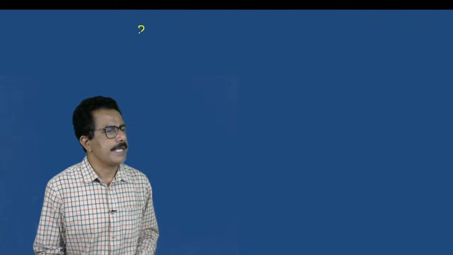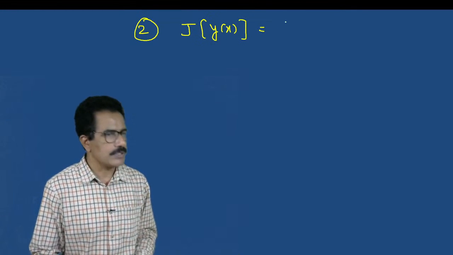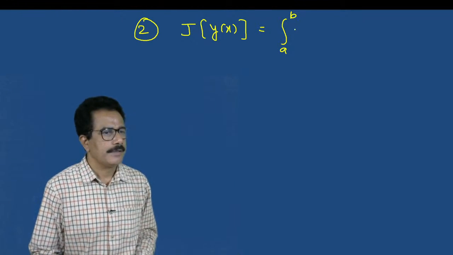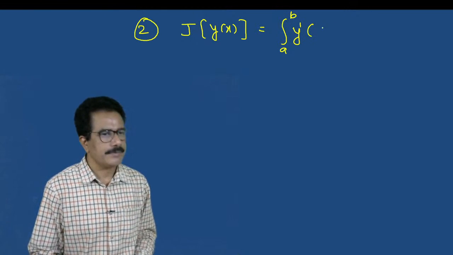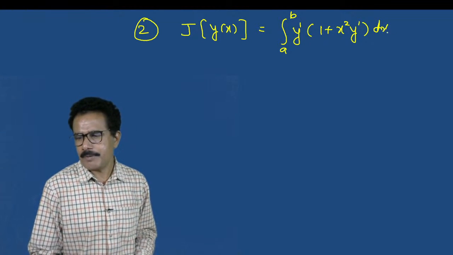Show that J of y of x equals integral from a to b of y dash (1 plus x square into y dash).